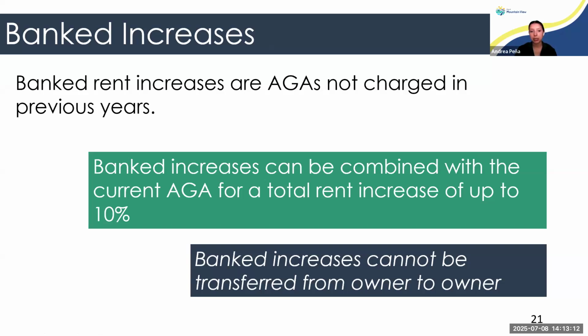It can't exceed 10%, but you can do anywhere 10% or less. And importantly, banked increases cannot be transferred from owner to owner. So if you recently purchased a property, just double check that you are not using banked increases from a previous owner. And of course, once a tenant moves in, that sort of starts the time that they're eligible for those increases.